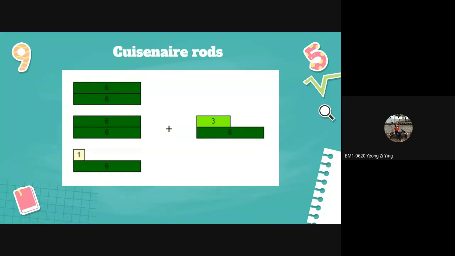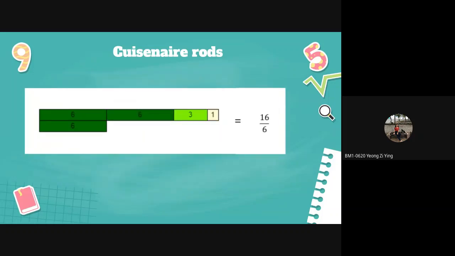After that, we will add 3 rods on the top and 6 rods at the bottom. So the answer will be 6 plus 6 plus 3 plus 1 as the numerator, and the denominators are the same, so it remains the same. The final answer will be 16/6.